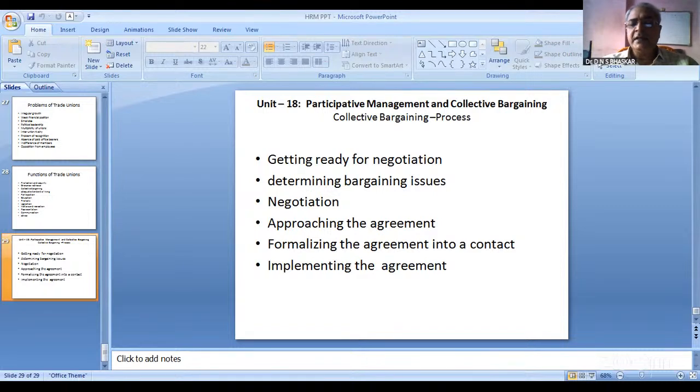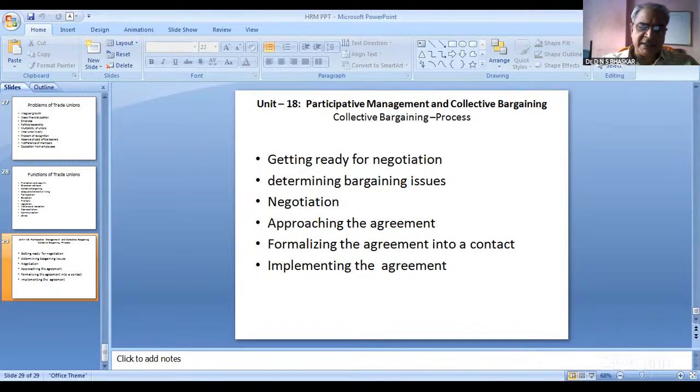And the next one is the negotiation aspect. In the negotiation aspect, see how the negotiations grow. In one stage, it may not be possible to get a final conclusion. Then a series of negotiations, a series of continuous discussions, are very essential. So one time, if they are not able to reach a conclusion, they must sit again together.